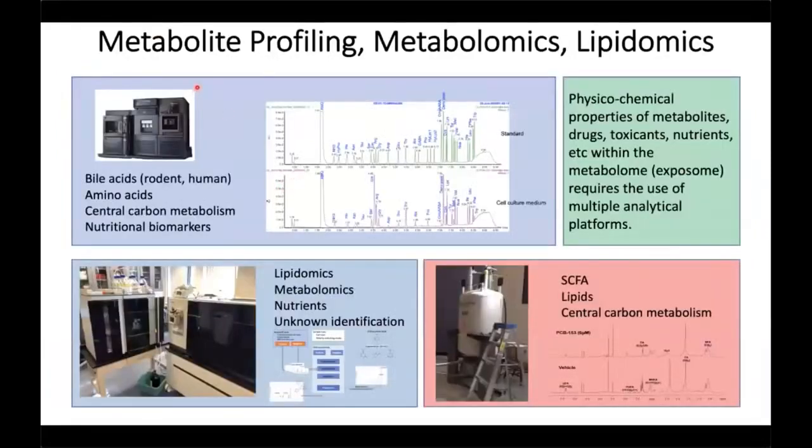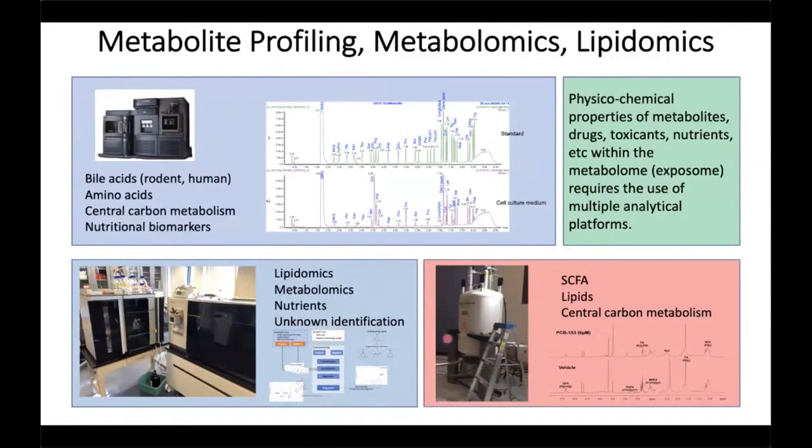Within the lab, we use a variety of tools and platforms, including triple quads, Orbitrap, and QTOF mass spectrometers. In this case, triple quads for doing targeted profiling of bile acids, including those from rodents and humans. I'll talk a little bit about that data today. Also, Orbitrap mass spectrometers, in particular for doing a lot of unknown identification based on their ability to do MSn, and also some features from Thermo, including AcquireX.